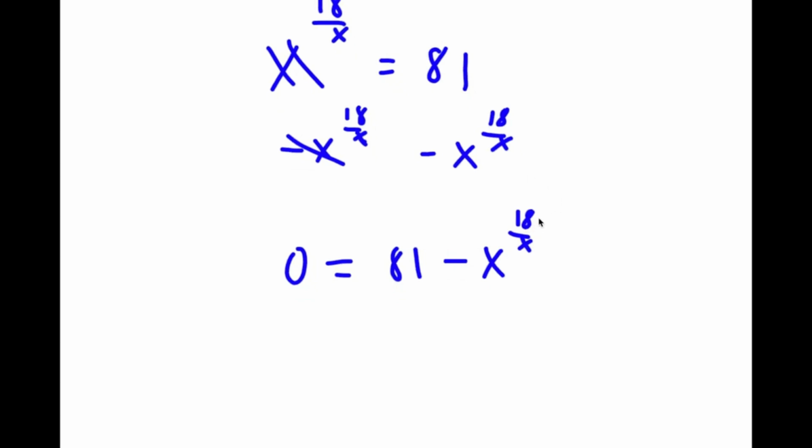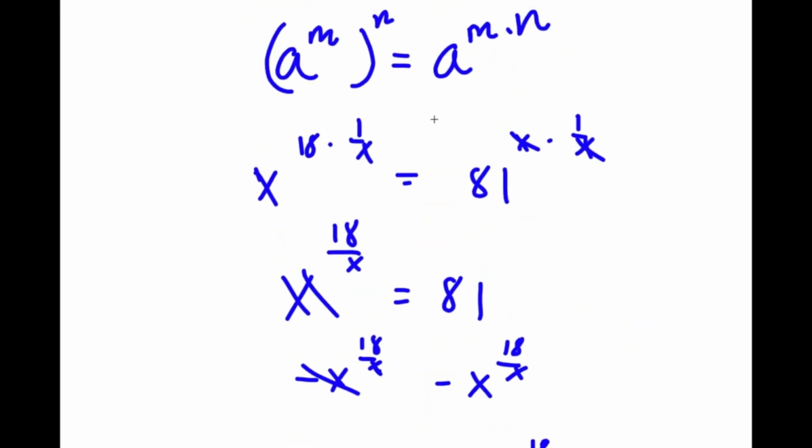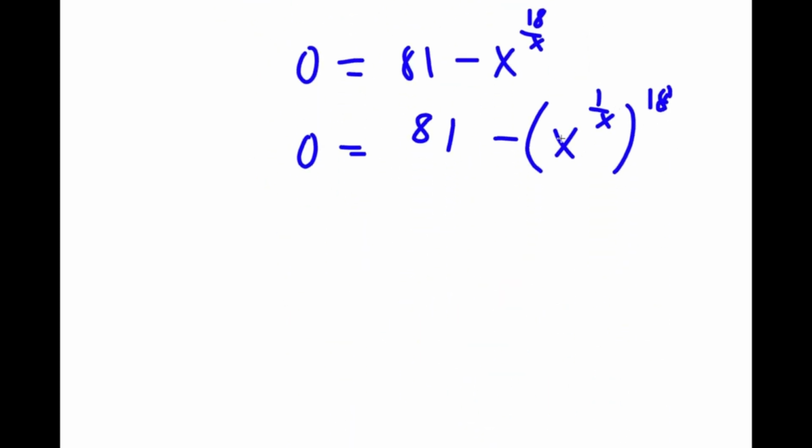And now I'm going to rewrite this as 0 is equal to 81 minus x to the power of 1 over x to the power of 18. So I simply wrote this in this form.